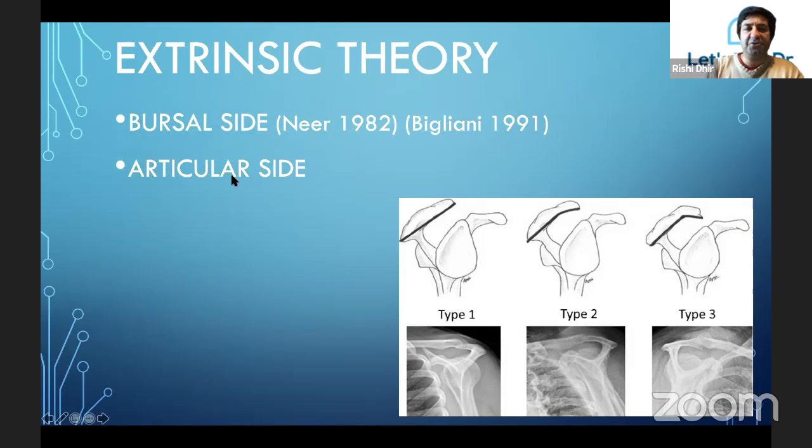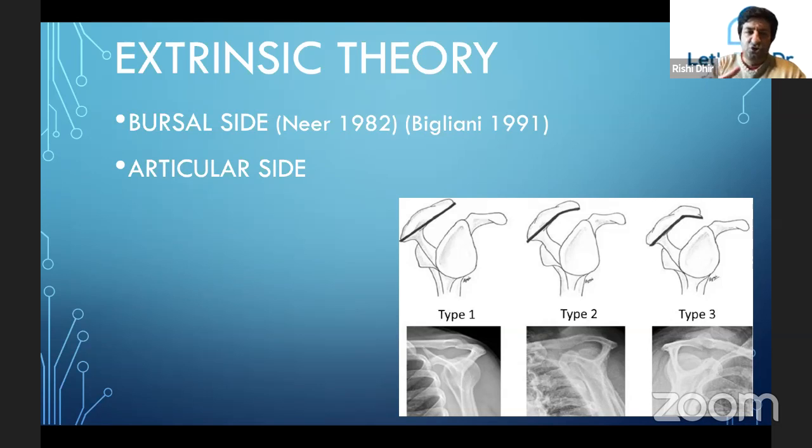On the other hand, you can get compression on the articular side, and this is where the tendon essentially gets trapped between the humerus and the glenoid in extreme abduction and external rotation. It's often seen in overhead baseball pitchers, okay? And it's known as internal impingement.